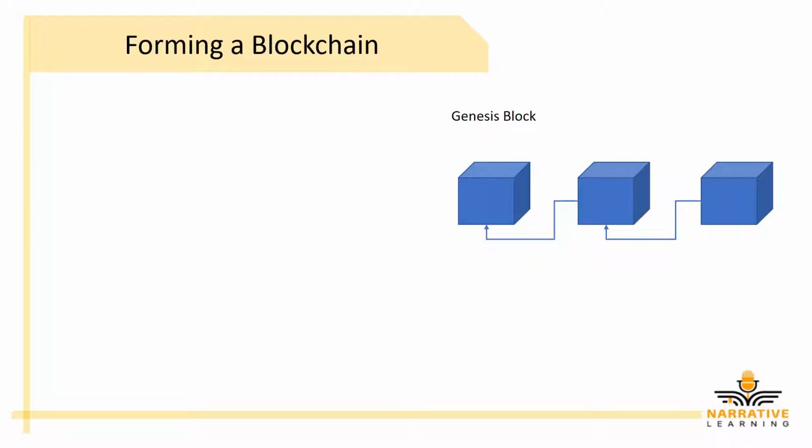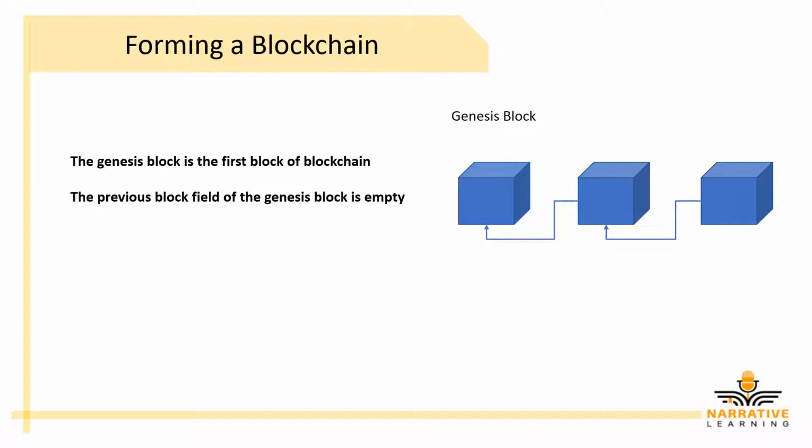In the process of forming a blockchain, the first block of the blockchain is called the Genesis block. The Genesis block is the very first block in every blockchain. In the structure of the Genesis block, the previous block field is empty as there is no former block. The formation of the blockchain not only requires the Genesis block, but it also needs some rules to obey to add a block to the chain.